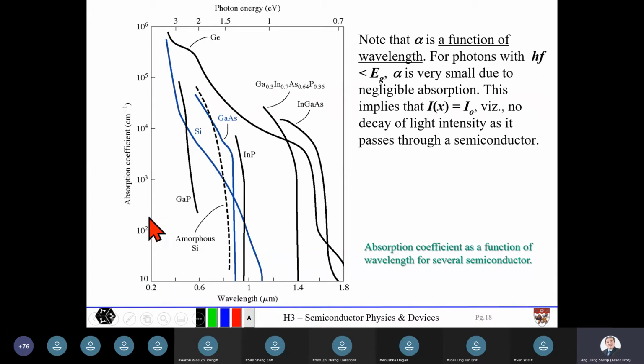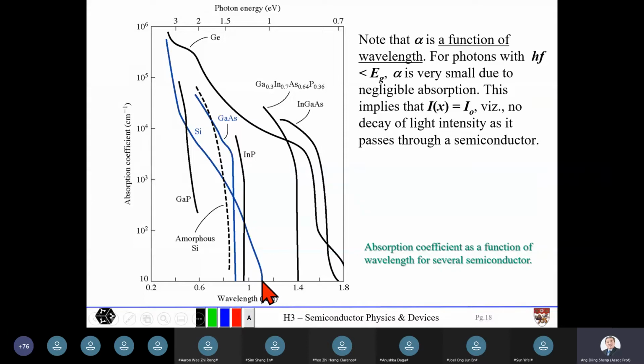This is a logarithmic scale, so it drops very quickly towards 0 for long wavelength. The reason is very simple. When the wavelength gets too long, the photon energy gets too small. When the photon energy gets smaller than the band gap of silicon, then no absorption can happen. So alpha is 0.